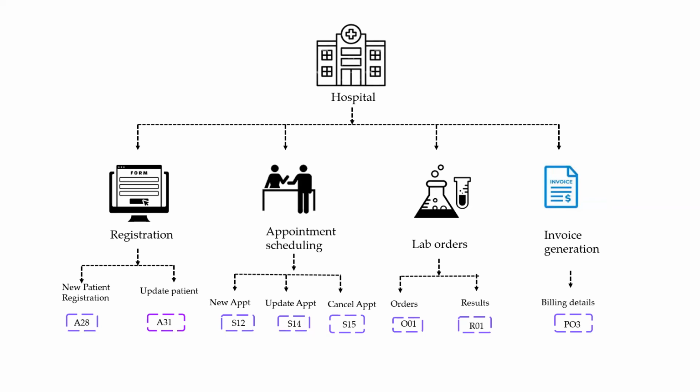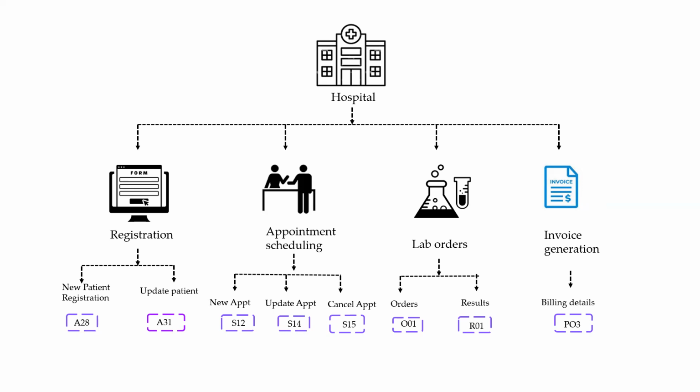If you look at registration, new patient registration is represented as ADT A28. Next, you have update of existing patient record, which is A31. So these are event types or event codes. These event types will tell us what kind of event it is.